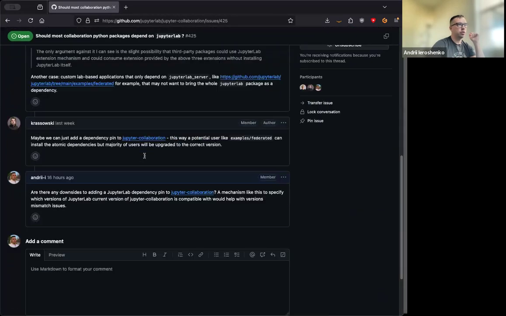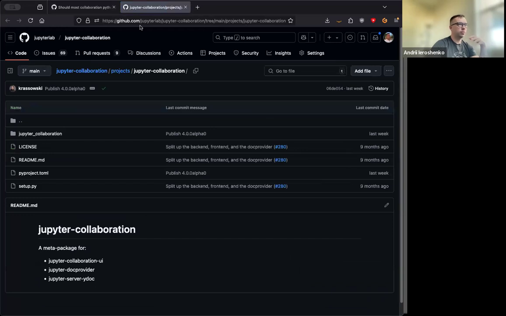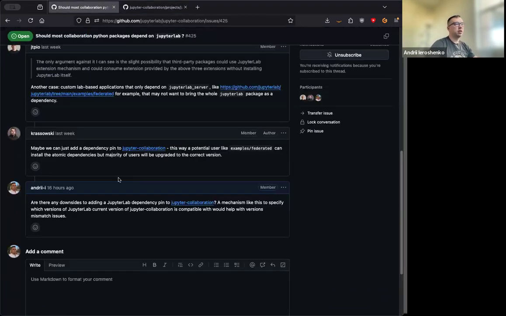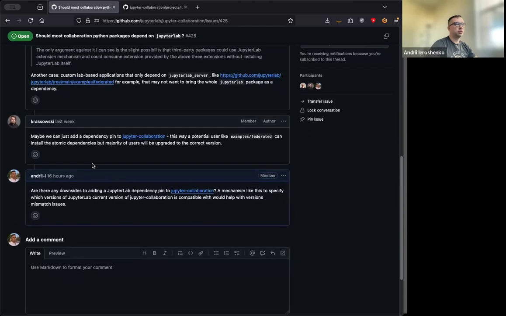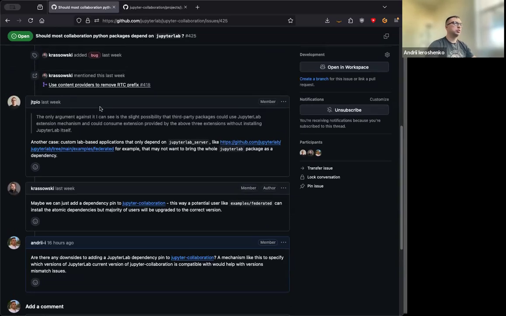In particular, in the comments it is discussed that it can be done better, not pinning for the whole Jupyter Collaboration package, but for a sub package that only includes some of the sub packages.